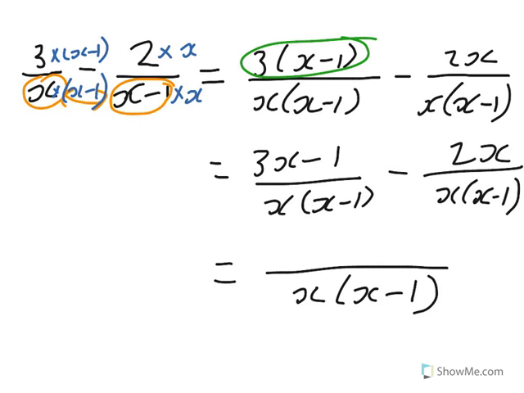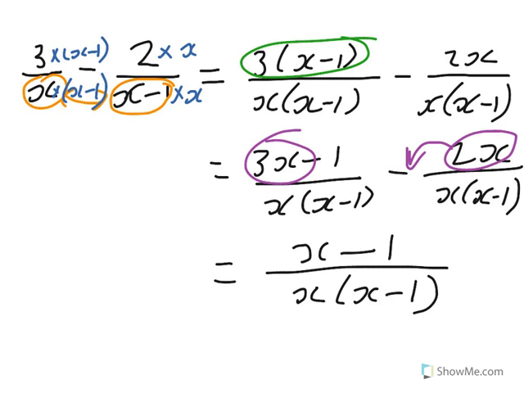So then we have, combining our like terms, 3x and 2x. Now don't forget we are subtracting that. So 3x take 2x would be x, and then minus 1.